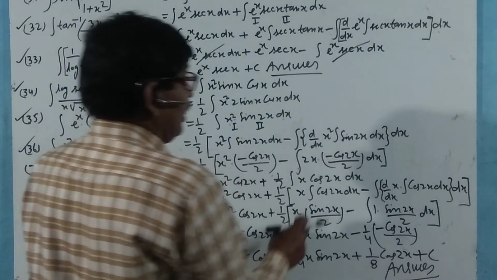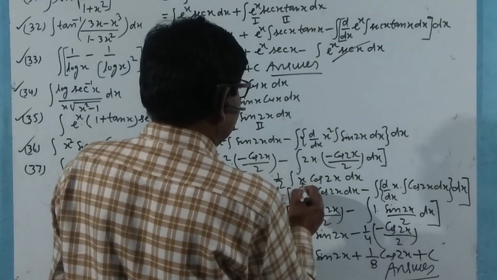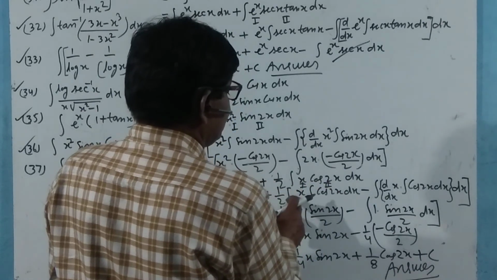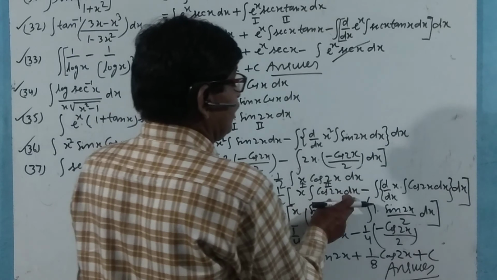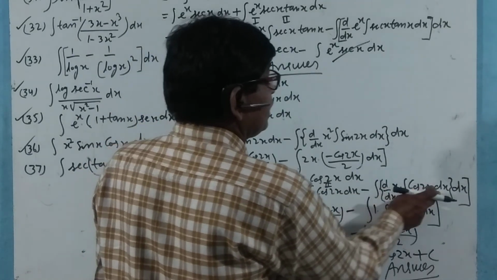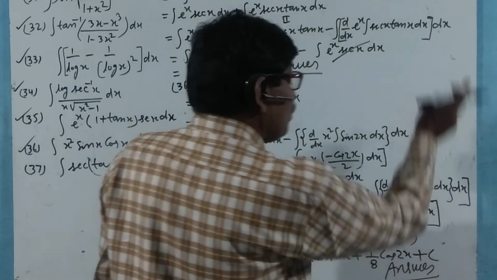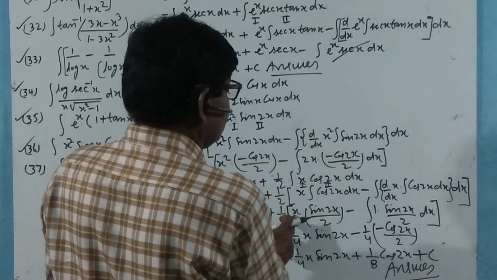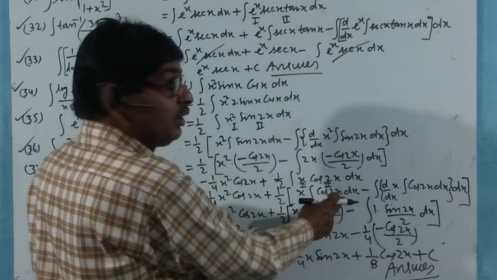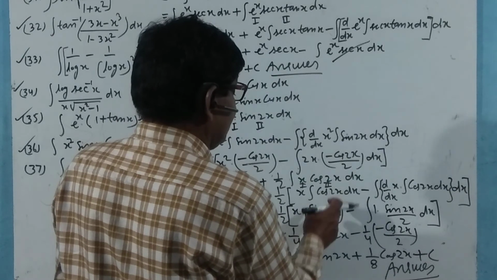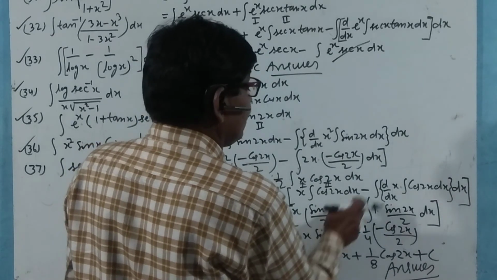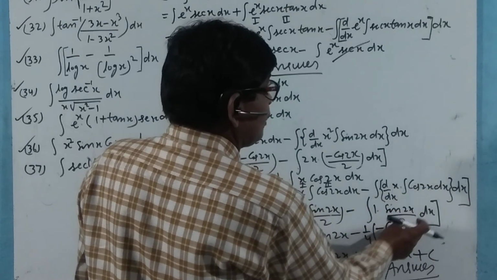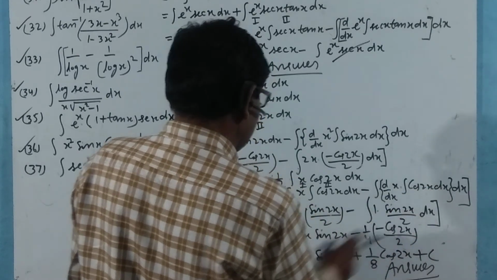Now we also apply, this is the first term and this is the second term, so that 1 by 2, x into integration of second term, minus differentiation of first, integration of second, whole integration, so that this is x cos 2x, integration of this is sin 2x by 2, minus this is 1, and integration of this term is sin 2x by 2.